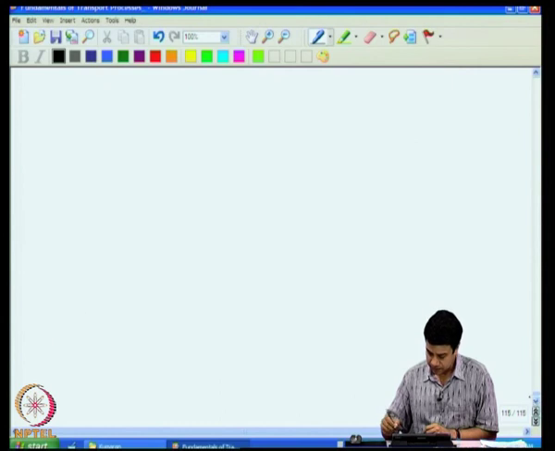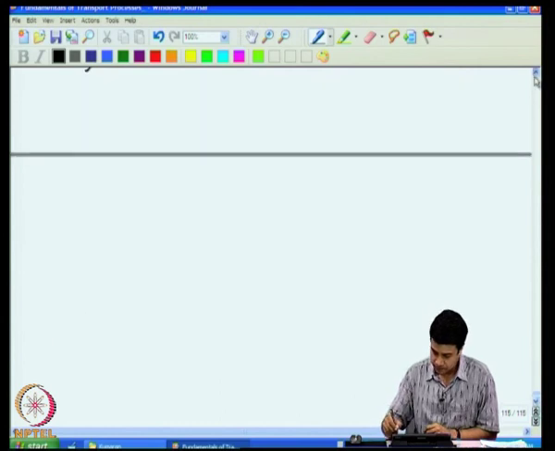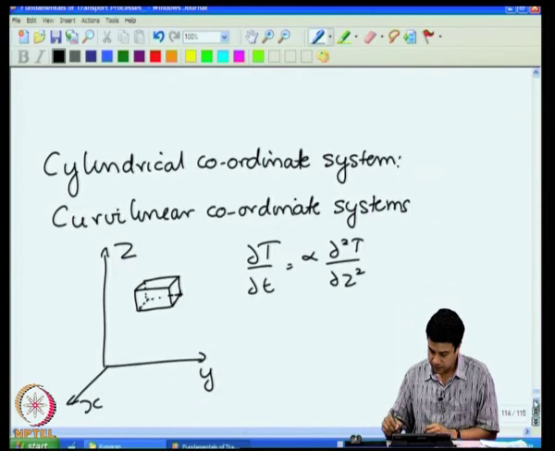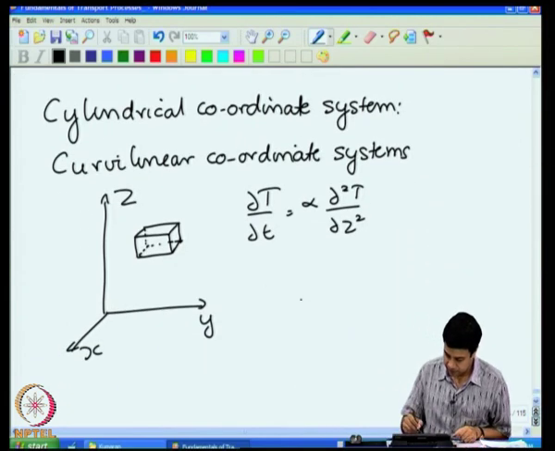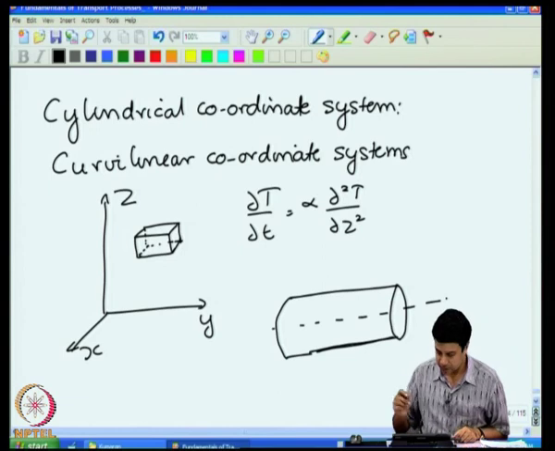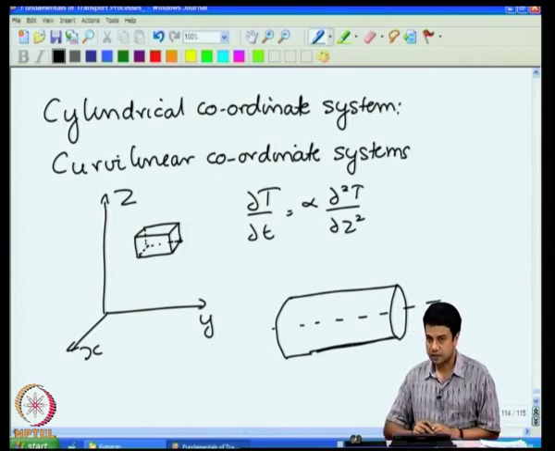For example, if I wanted to analyze the flow in a pipe, which has a central axis, this pipe is a cylinder.